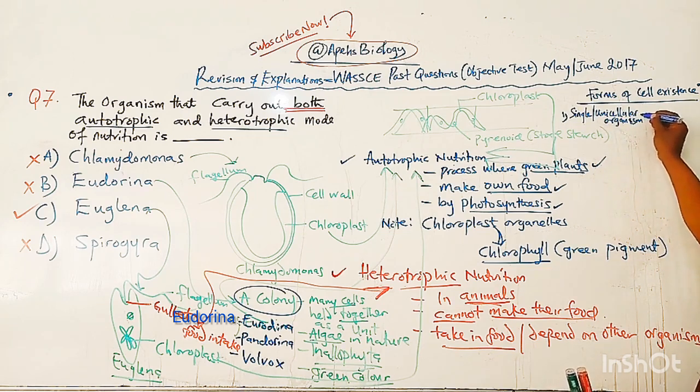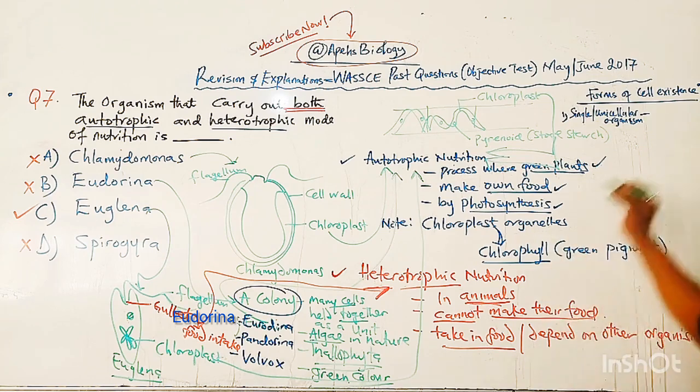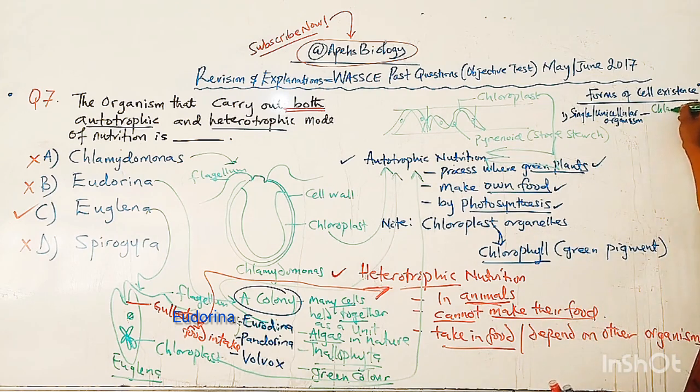From the list there, you can see that those cells that can exist as single or unicellular organisms will fall into Chlamydomonas, Euglena, and also other ones that we mentioned that are not here, like amoeba and paramecium.